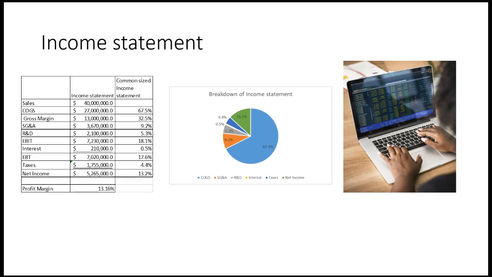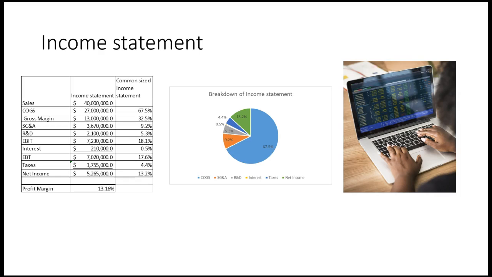If I look at the gross margin, that means for every $100 of sales that I have accumulated from my customers, I am left with $32.05 after I have used the money to provide and make the product.